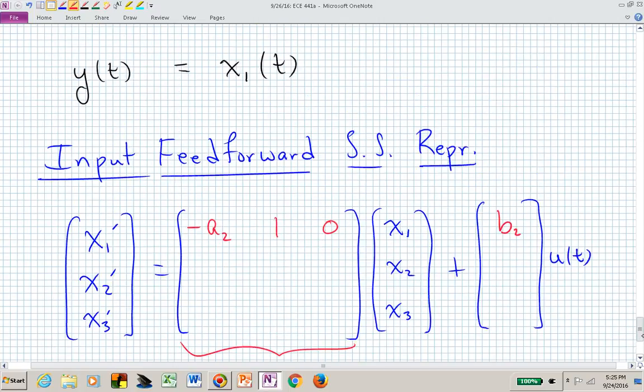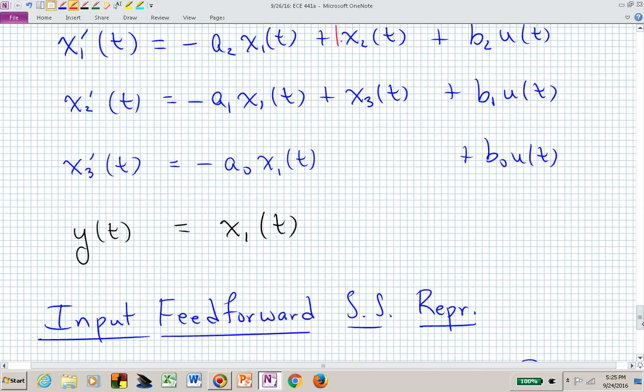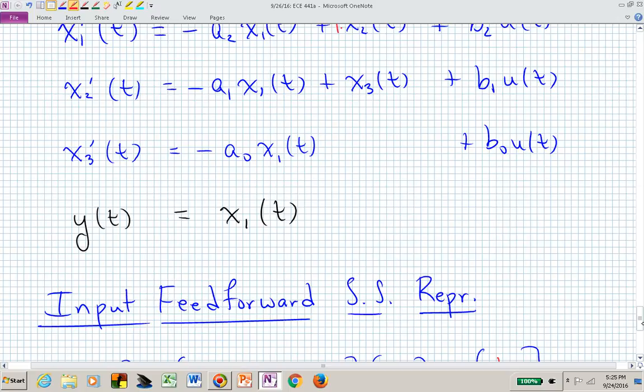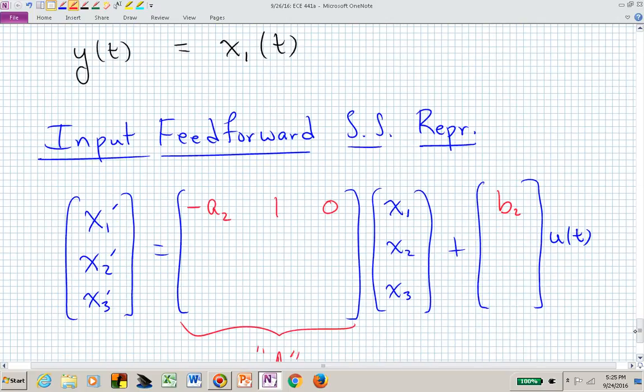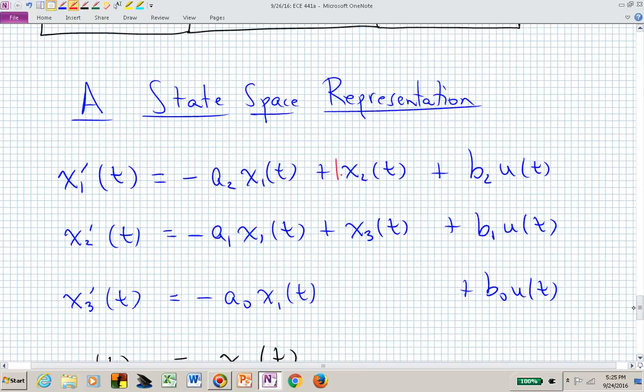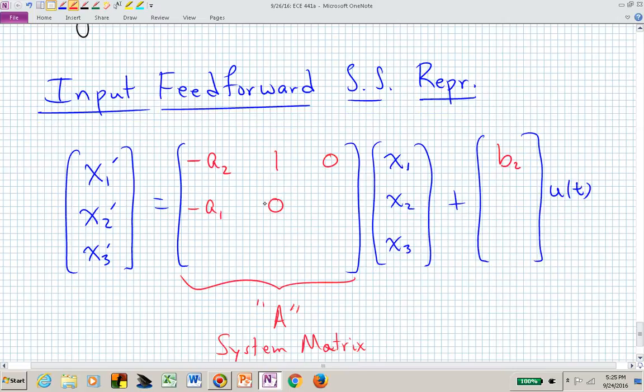We can do the same process for x2 prime. We scale x1 by minus a sub 1. In this second equation, we do not have an x sub 2, and we do have 1 scaling x sub 3, and we have a scaled input scaled by b sub 1.